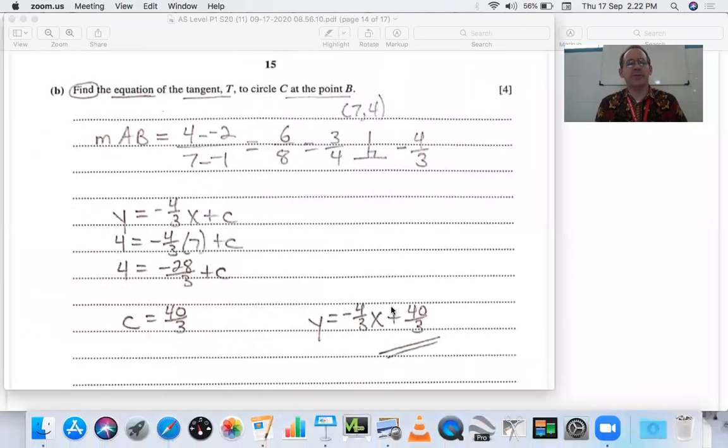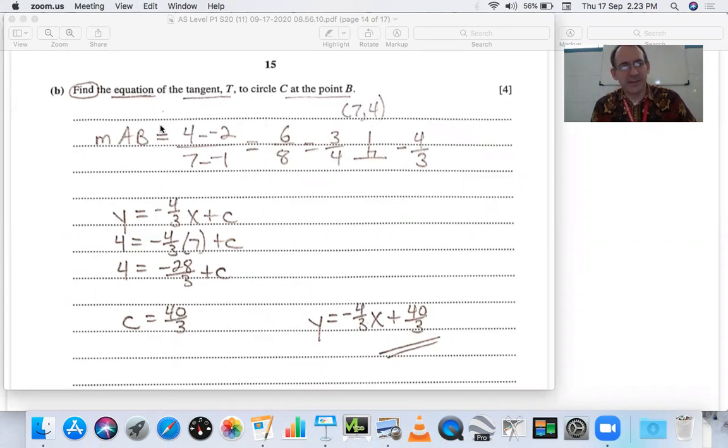We're on this problem here with circles. So find the equation of the tangent to circle C at point B. Point B is 7, 4. Now remember, if your line is tangent to the diameter, it is going to be perpendicular in slope.